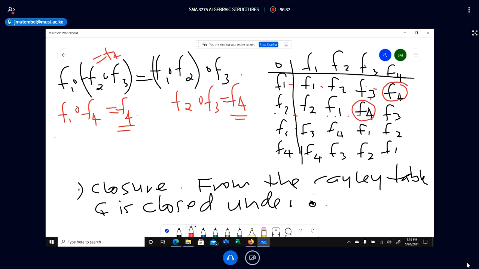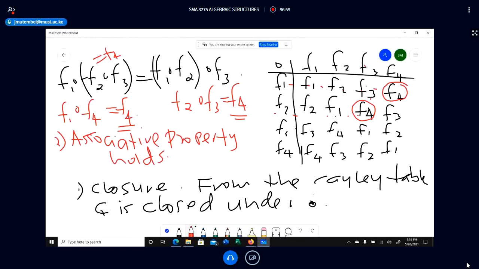So we can say here, number 2, the associative property holds or is satisfied. Then property number 3 for an abelian group is the existence of an identity element.